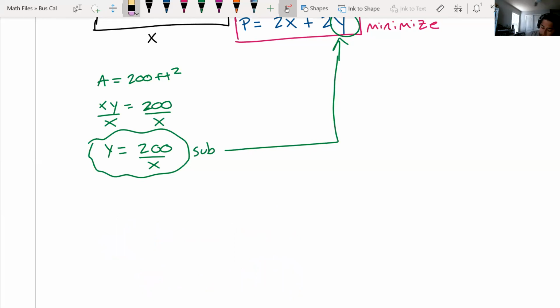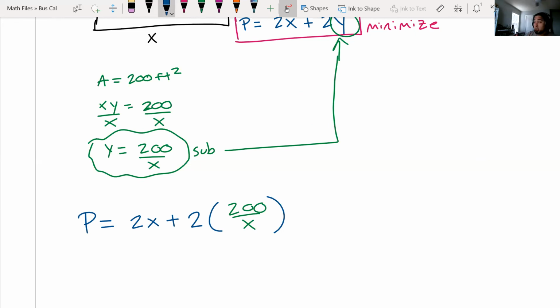So we plug in that substitution. We get P equals 2x plus 2 times my new y value of 200 over x. Now this equation is all in terms of x on the right side, so we just have to clean it up.